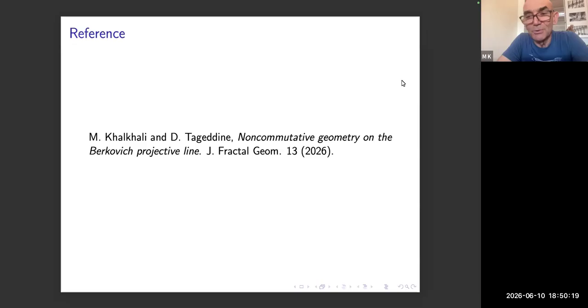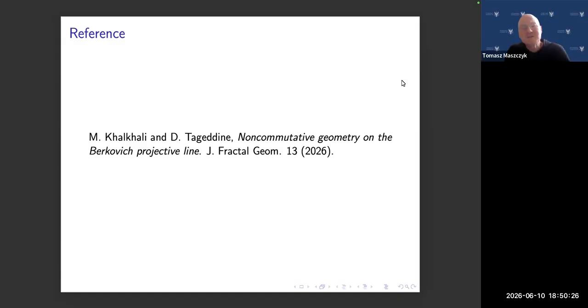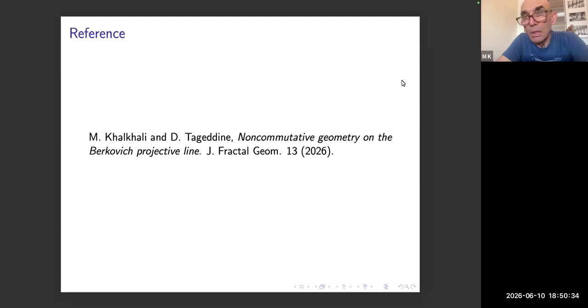I didn't dare to delve into his papers. They're quite hard. Is there a spectral triple related to such Berkovich curves of higher genus? I don't know what would even be the definition, but I suppose it should extend, but I really don't want to claim anything.